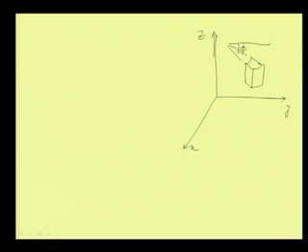This is phi, this is d phi, this is r, this part is dr, and this part is dz.